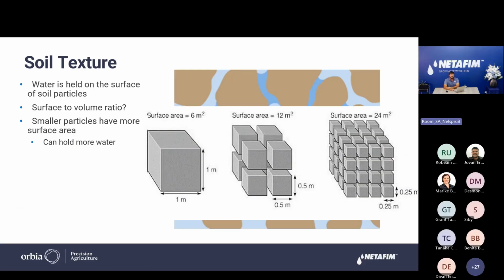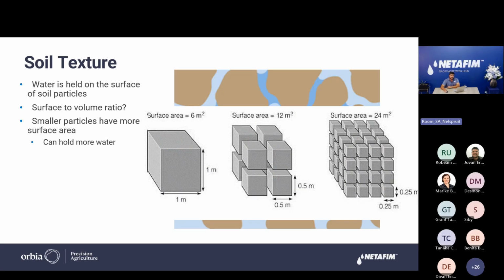So what does the soil texture tell us about the water holding capacity and the movement of water in the soil? So first of all, the water is held on the surface of those particles. As you can see there, you'll have big particles which would be considered your soil minerals, and in between there are areas we call pores.